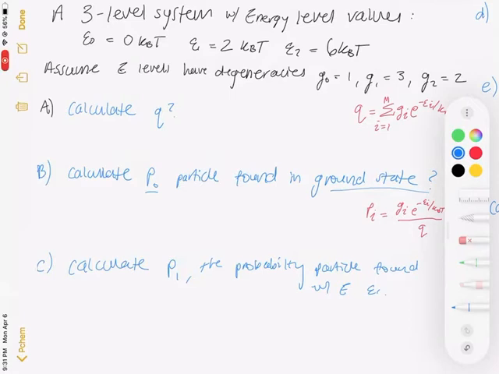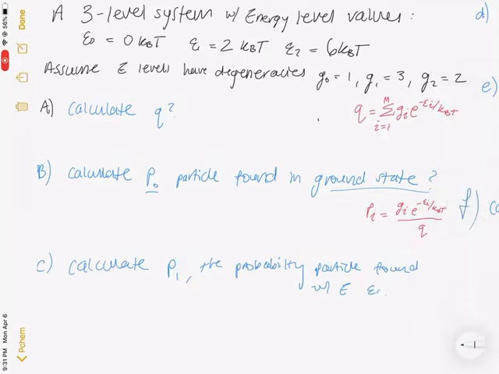It says to calculate the partition function Q. To calculate the partition function, you take into consideration the number of degeneracies of the energy level. As you can recall, the degeneracy is how many equivalent energy values there are per energy level. So here, g0 has 1.